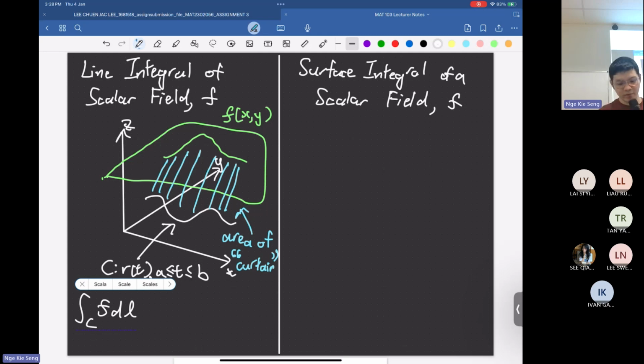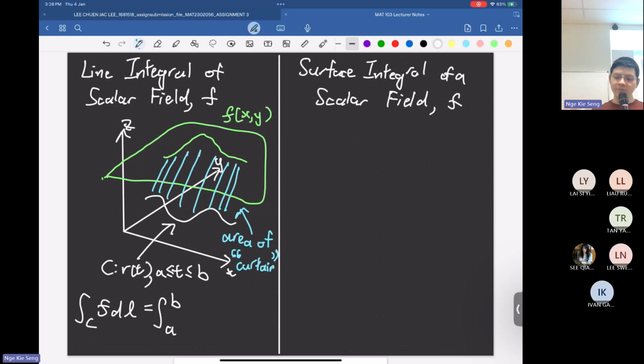So what we do is we evaluate this integral using the parameterized curve. You can think of it as I make the curve straight. I pull it straight so that I just use the time domain to integrate it.